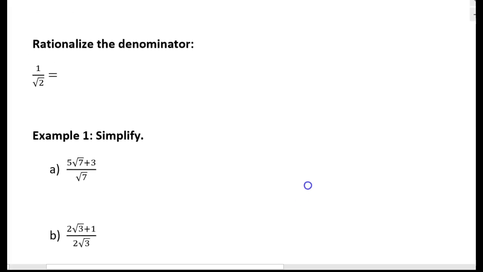So let's see what this looks like. To rationalize a denominator, what I would do is I would take my original fraction or division, and I would multiply it by 1. But I'm not going to actually put 1 here. I'm not going to put a whole number because that just ends up in front of the radical. I want to square this to get rid of it.